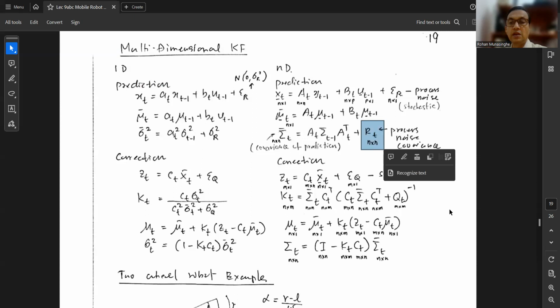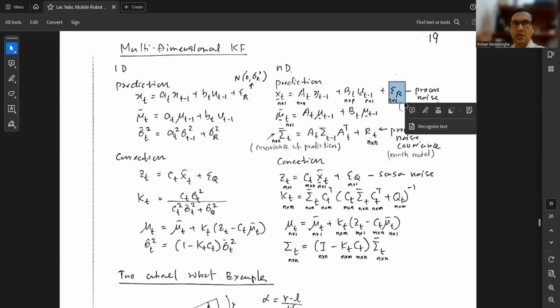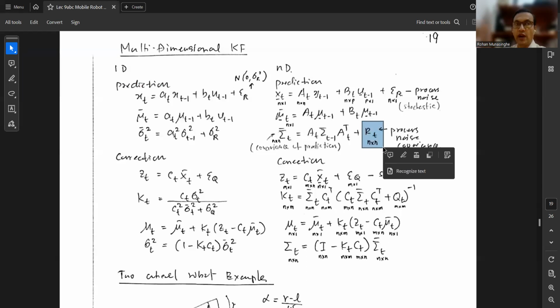This is the process noise covariance, which is basically this process noise. This is just a noise kind of thing, a single quantity or a couple of quantities together. But when it comes over here, it is covariance. These are square errors, mean of square errors.